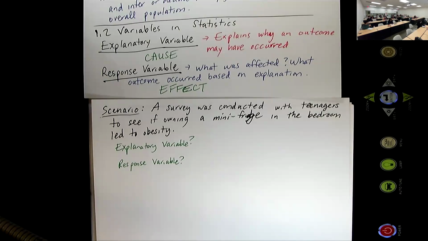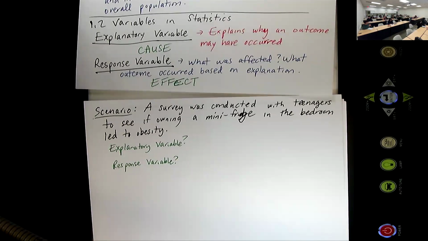I think the explanatory variable would be the obesity, and then the response. Is that what it is? So is the obesity explaining something? No. What's explaining what in this? Or what do they think is explaining what?